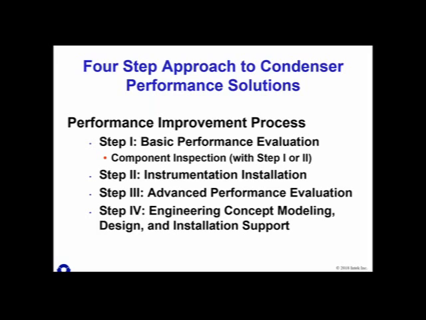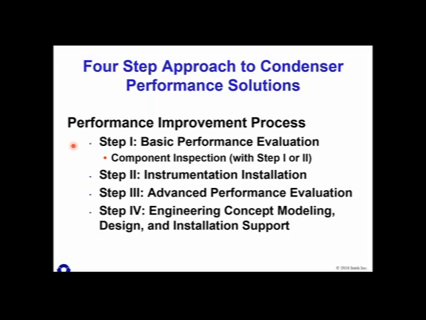And so if you're ever looking to improve the performance of the condenser and your troubleshooting efforts have reached a dead end, there's a process to go through to figure out if a condenser performance improvement project can be justified. It's a staged approach.